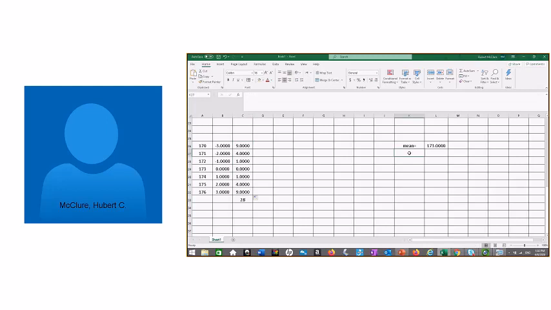Standard deviation, or the variance, is equal to this number divided by, we said 7 minus 1 is 6. That's the variance. And the standard deviation is equal to the square root of the variance, or that number raised to the 0.5 power, the 1/2 power.